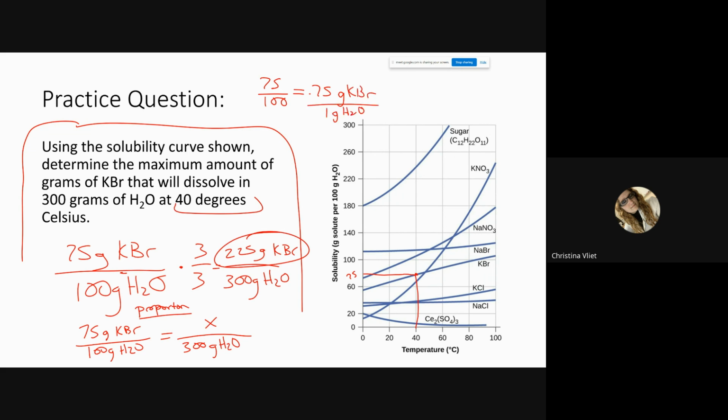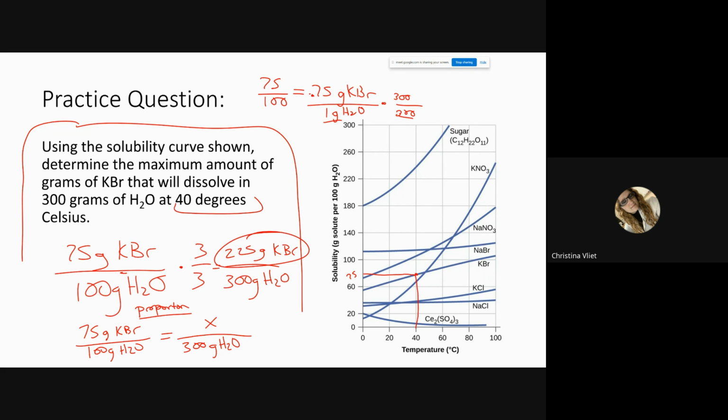But because you've made it for 1 gram of H2O, you now need to multiply by 300. You have to multiply this by 300 because these both have to go to 300. If you multiply 1 by 300, you have to multiply 0.75 times 300.